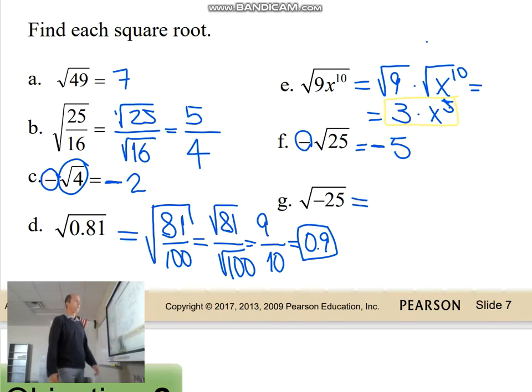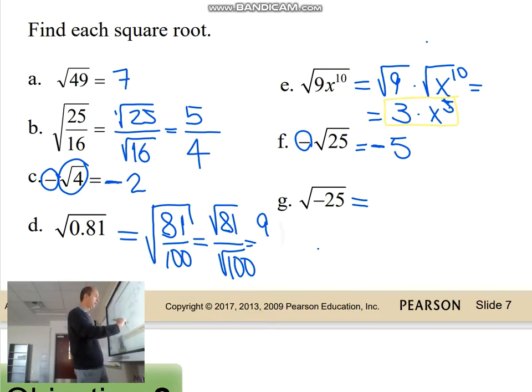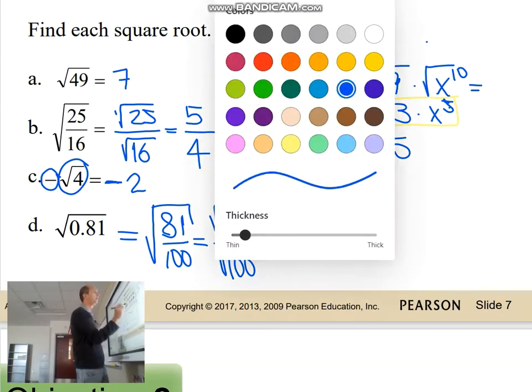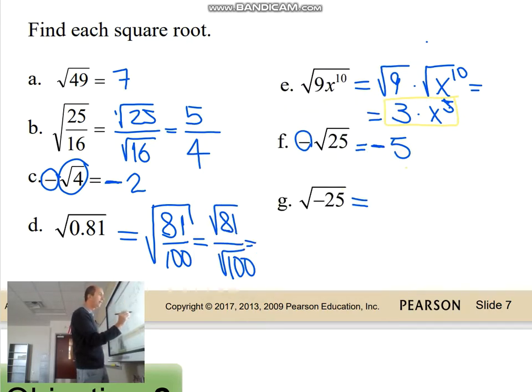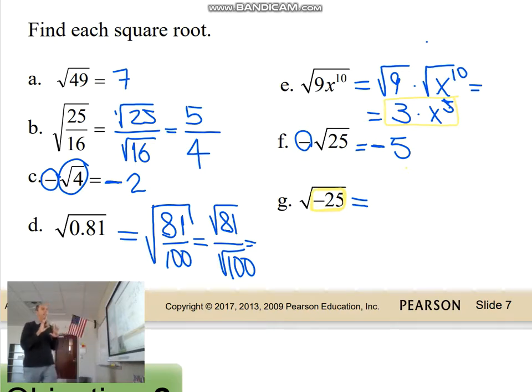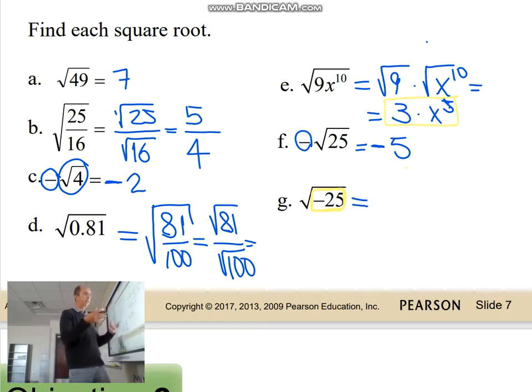Now, letter G. This is a different situation. Let me erase here so you can look very well at this. And pay attention, because the negative is inside the square root. Now we have a completely different situation. We cannot find any real number that multiplied by itself makes negative 25.